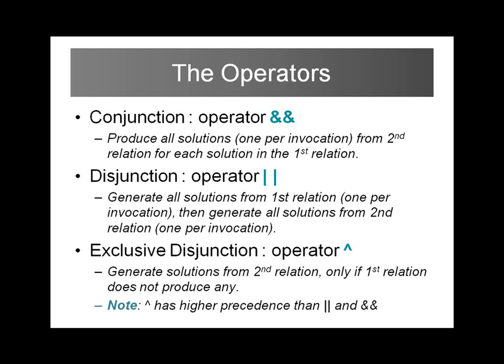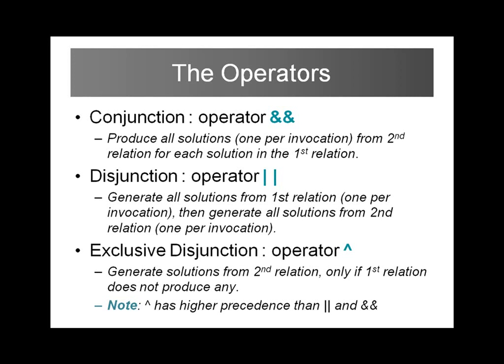So let's consider the case when the first argument did succeed and it went ahead and evaluated the second argument. Now assuming the second argument also succeeded, this is a condition where the AND operator succeeds, because the first argument and the second argument have both succeeded. So the AND operator returns true back to the caller.